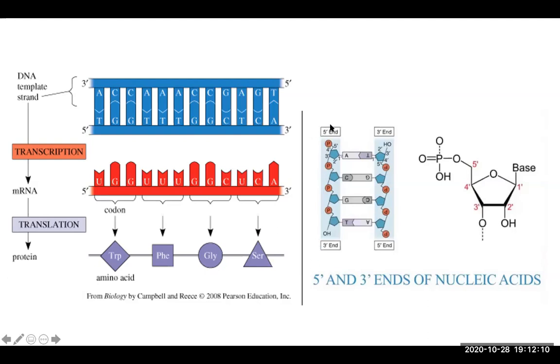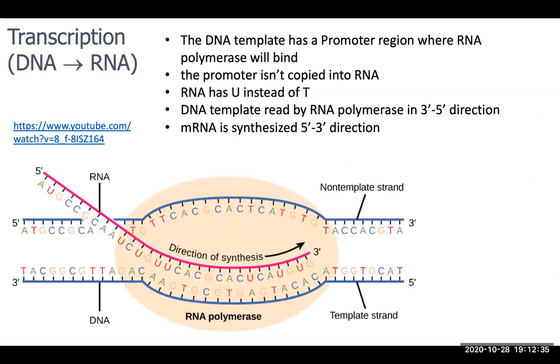But when you are talking about ends, 5' end and 3' end, the 5' end is going to have the free phosphate group, and the 3' end is going to have the free OH group. Okay, and of course it'll be flipped around for the opposite side, right? And OH, phosphate.